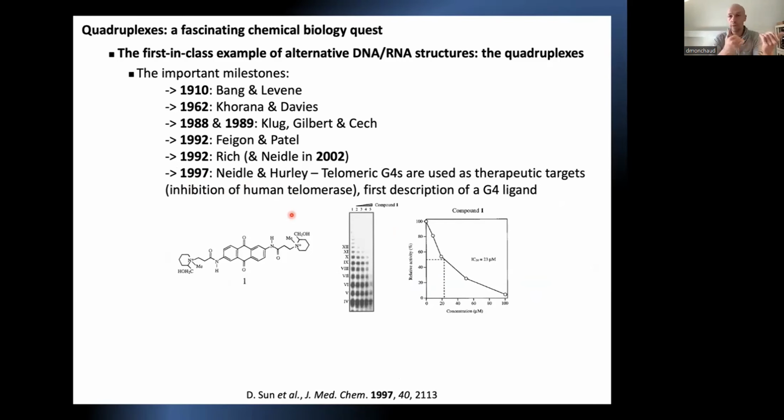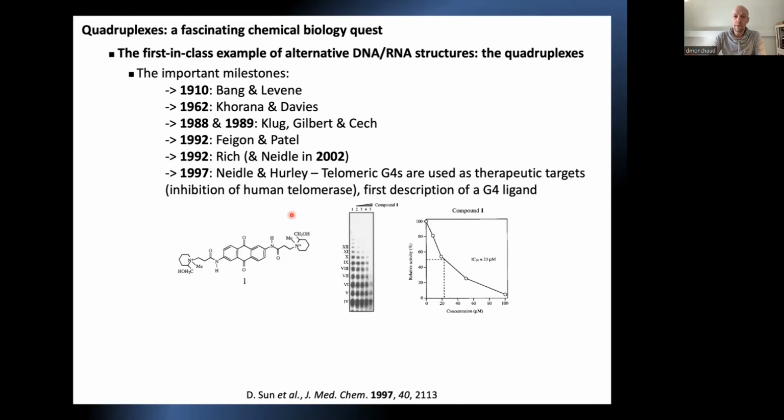And what is interesting with the telomeric sequence is that it is the substrate of the telomerase enzyme. Telomerase was quite popular at that time because it was demonstrated that telomerase is not active in normal somatic cells, but is highly active in roughly 80% of cancers. So it is responsible for the oncogenesis process.